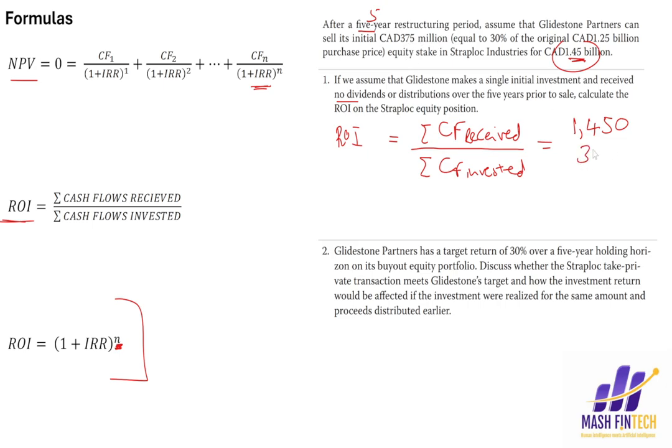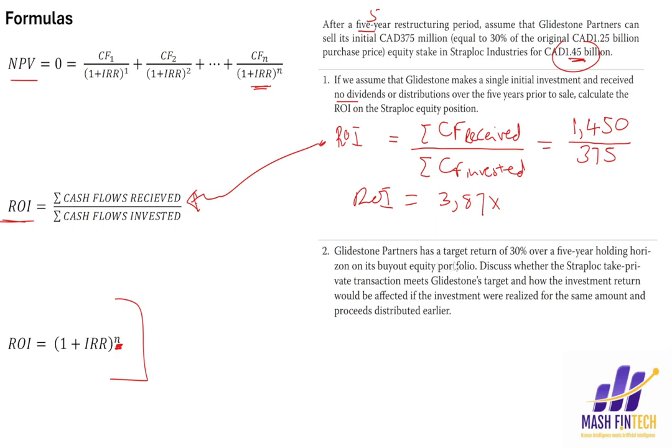So you divide this by 375. This is the cash that was invested. This is the cash you're going to receive from selling. So the return on this investment is going to be, you just divide these two and you get 3.87 times. That's the return on this investment, right? Very straightforward. It's a simple application of this formula here. So make sure you remember this formula.